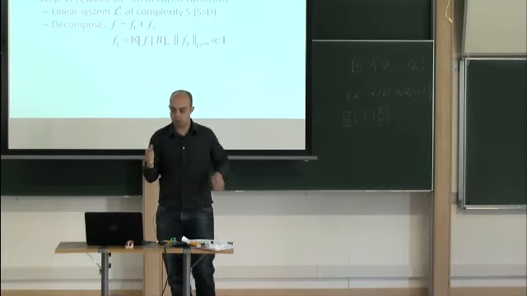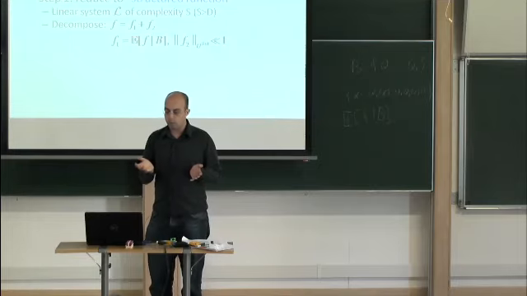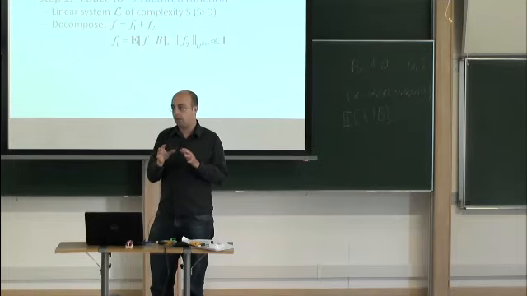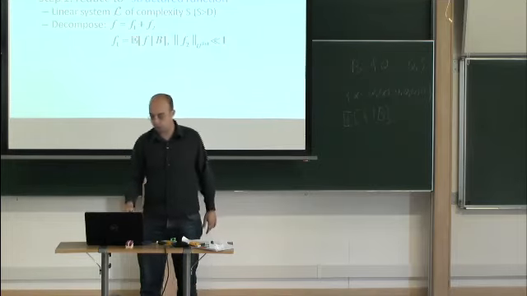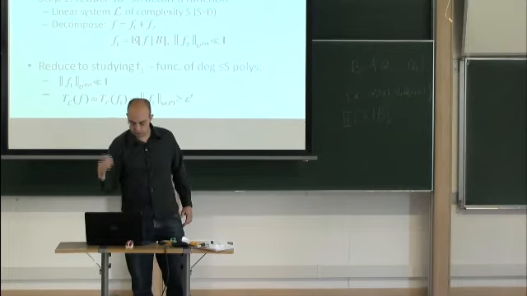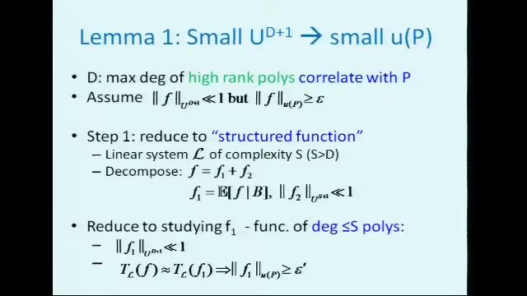The function now, without loss of generality, will be defined by some function of some degree S polynomials. Because the linear averages that define our property cannot distinguish our function from the structured part, we can say that our structured part also has some correlation to the property, and it's also easy to show that it has low d+1 uniformity norm. So the whole goal here was just to reduce from general functions to structured functions.